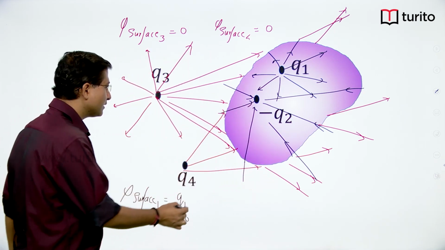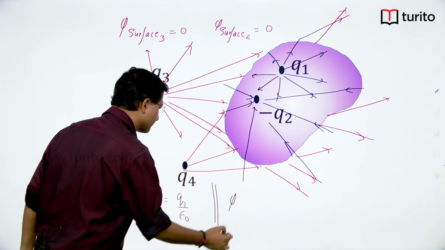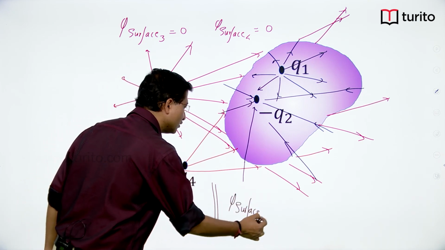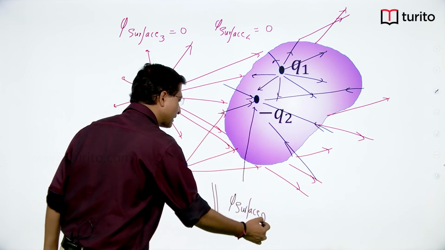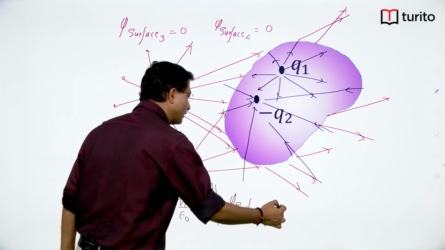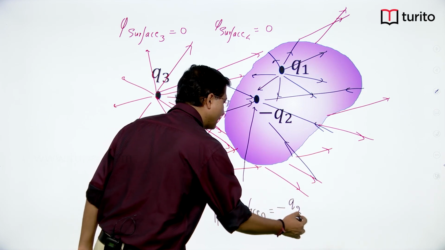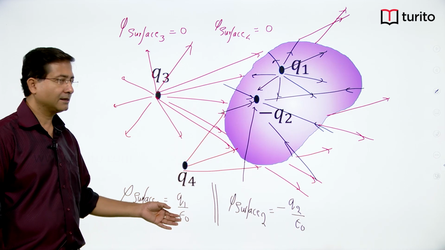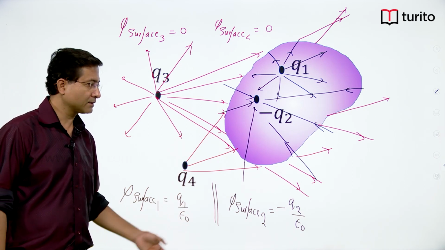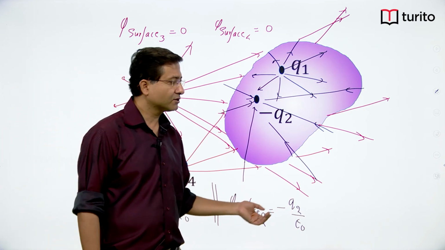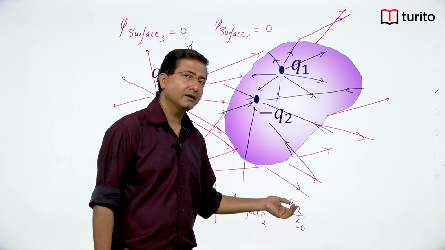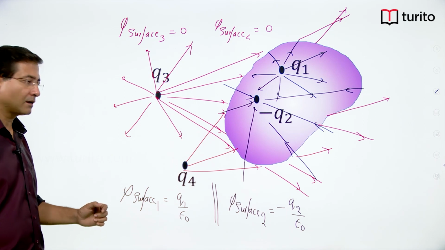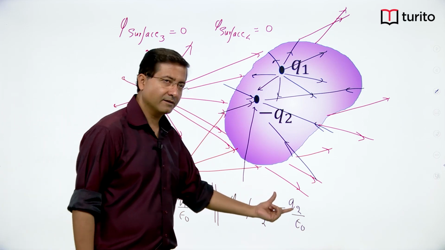If I ask what is the flux associated through the surface due to the second charge, it will come as minus Q2 by epsilon naught. If a plus charge is inside, then the flux will be plus Q1 upon epsilon naught. If a negative charge is inside, it will be charge divided by epsilon naught, where the charge is taken with sign.